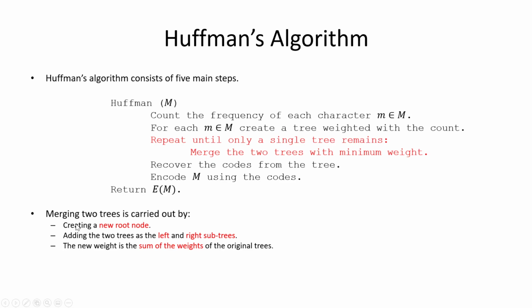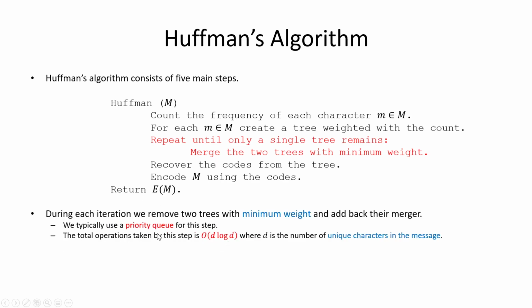To merge them, we create a new root node, and the 2 trees we've pulled out become the left and right subtrees. It doesn't matter what order; usually there's some convention when we implement this. The new tree gets a weight equal to the sum of the weights of the original trees, and after that, we put it back in the priority queue.